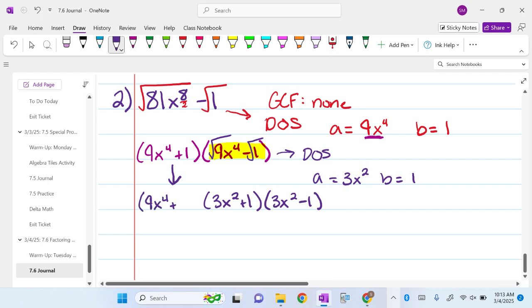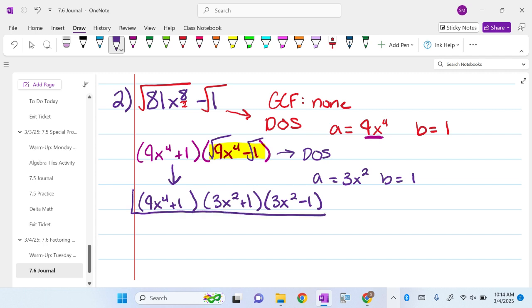So 9x to the fourth plus 1. If there's ever something that you have to factor again, but another part you don't have to factor again, make sure you bring down the part that you don't. So this would be our answer. Yeah, final answer.